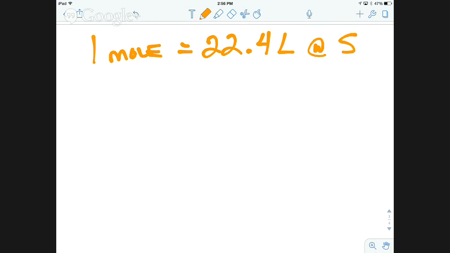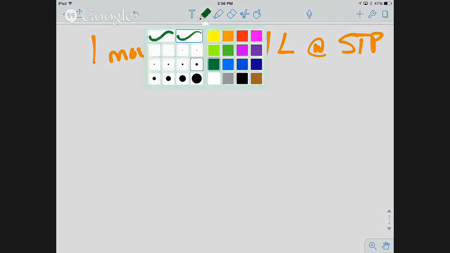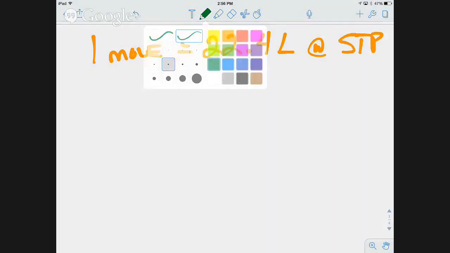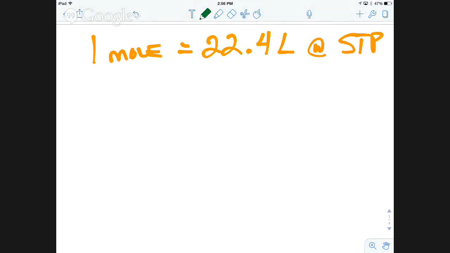Well, I know that 1 mole of any gas equals 22.4 liters at STP, right? And the reason I'm going through this is because maybe this question is going to show up again later and it'll help you out. So 22.4 liters at STP, and since I gave you kPa, we'll use again 101.3 kPa.